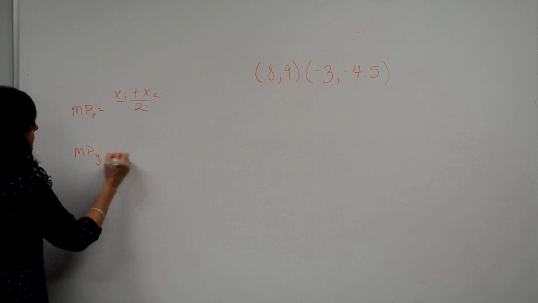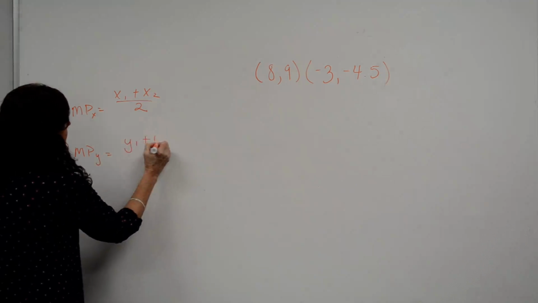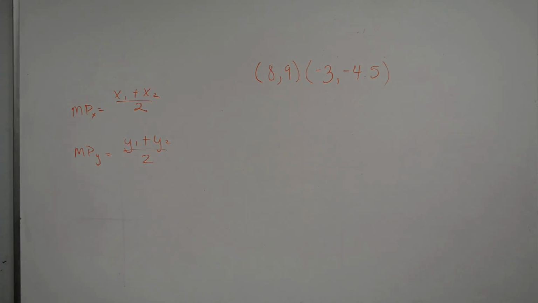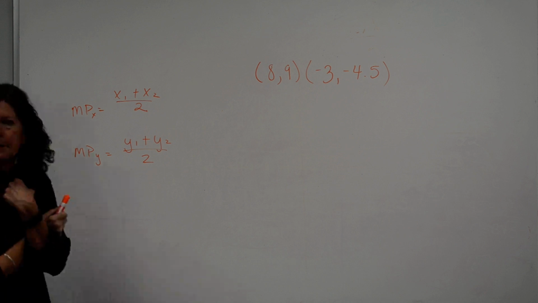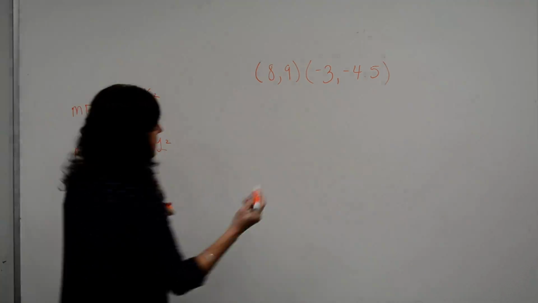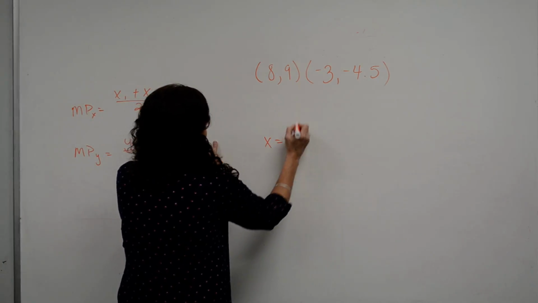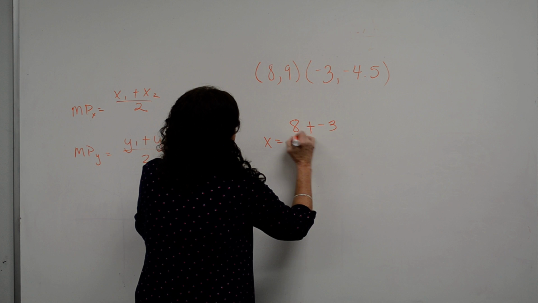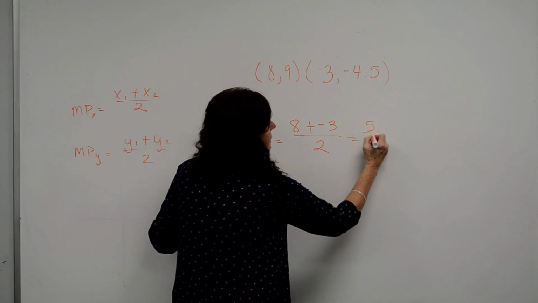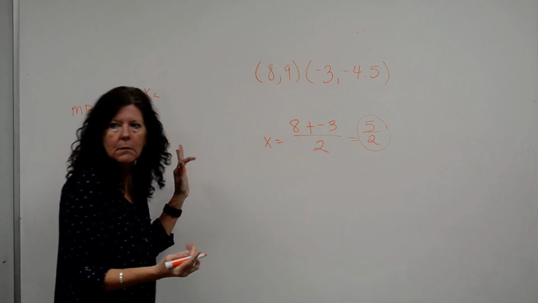Midpoint y is y sub 1 plus y sub 2 over 2. So all you're doing, okay, is that. Right. And you're just going to leave it like that. Okay, that's all you got to do.